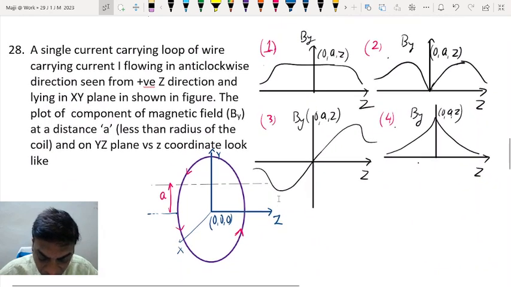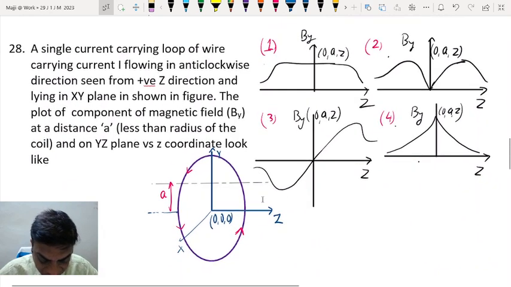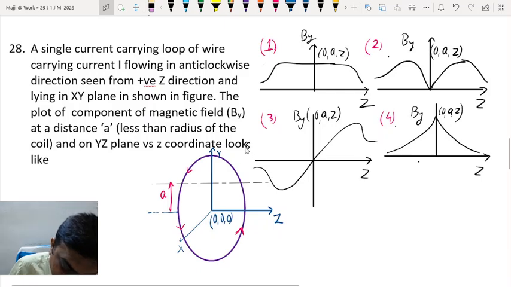A single current loop of wire carrying current I flowing in the anti-clockwise sense seen from positive z direction and lying in the xy plane is shown in the figure. The plot of the component of magnetic field at a distance less than the radius of the coil and on the yz plane versus z coordinate looks like. So we have to understand, students, this is the point somewhere here.